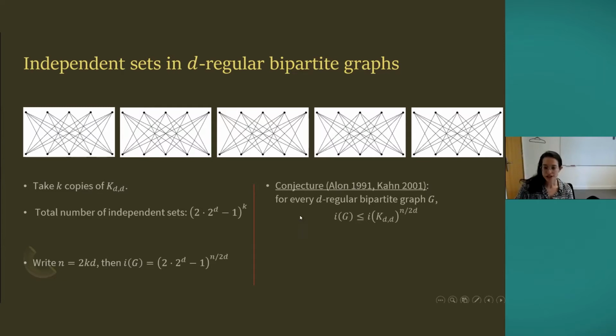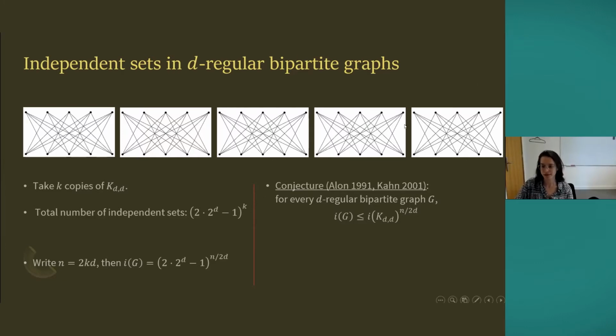The conjecture says that if we want to count the number of independent sets in d-regular graphs, here I wrote bipartite because this talk is about bipartite, but the conjecture was for any d-regular graph, then this example is the best thing you can hope for. It will maximize the total number of independent sets. So the conjecture says that for every d-regular bipartite or non-bipartite graph G, the total number of independent sets is at most what we get here.